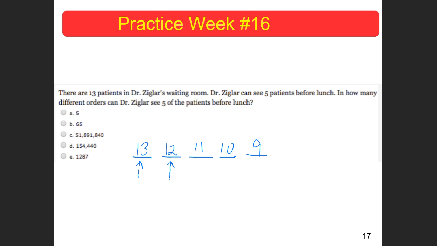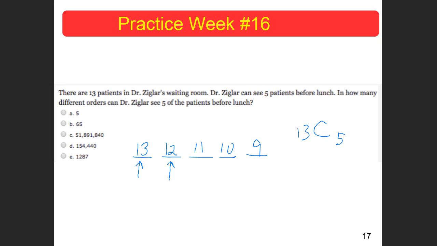Now, does order matter here or does order not matter in this problem? What do you think? You think order matters? No. So order doesn't matter. So I could have done this. I could have done 13 combination 5, right?